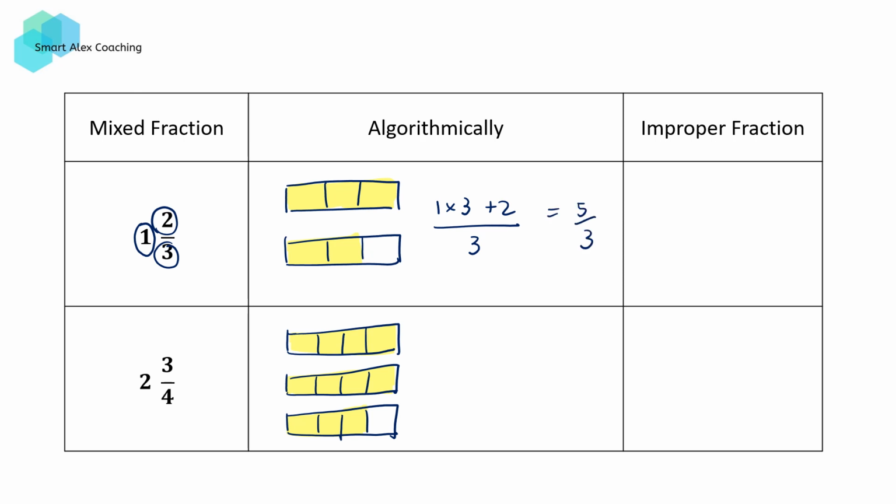Having a look at where the numbers are all coming from, that's our whole 1. The 3 comes from our denominator. And the 2 comes from the fractional part. And that's our answer, 5/3.